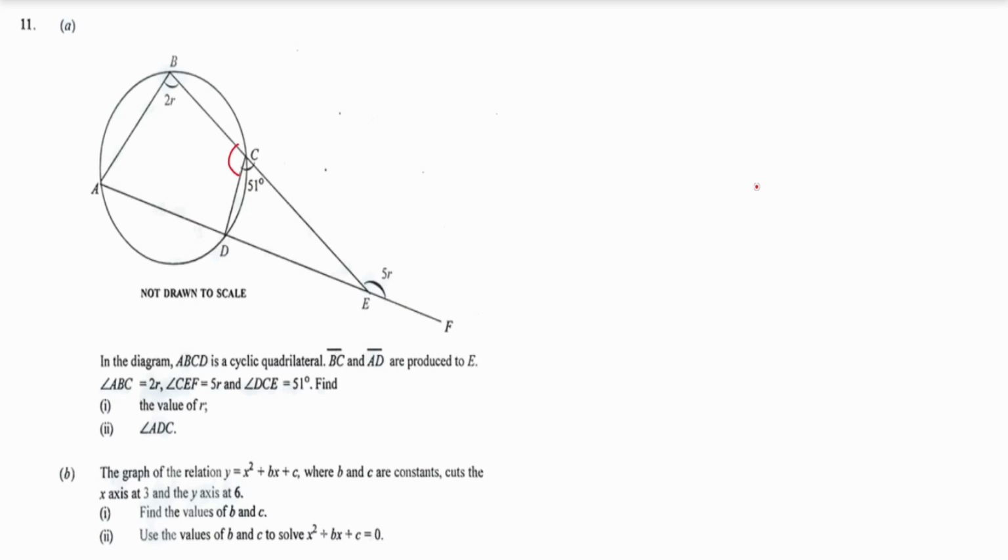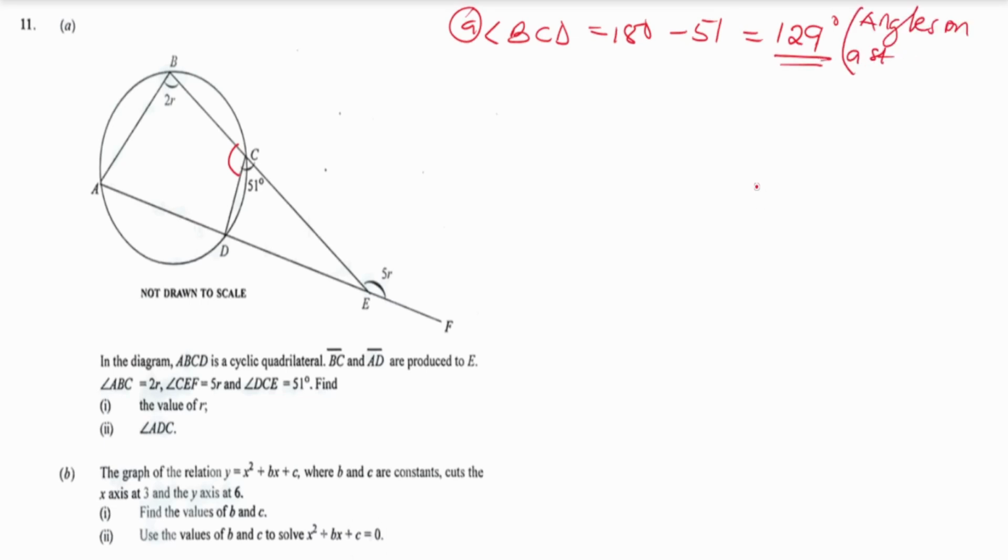So BCD will be 180 minus 51, and that equals 129 degrees. This is for angles on a straight line. So this is 129 degrees.